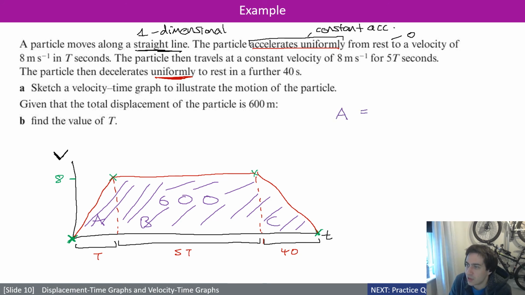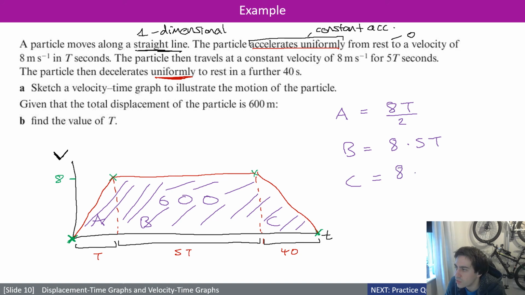A is clearly 8 times t divided by 2, base times height divided by 2 for the triangle. B is, sorry, 8 times 5t, width times height. And C is 8 times 40, again divided by 2. So with a little bit of simplification, we should end up with this, and that's all equal to 600.